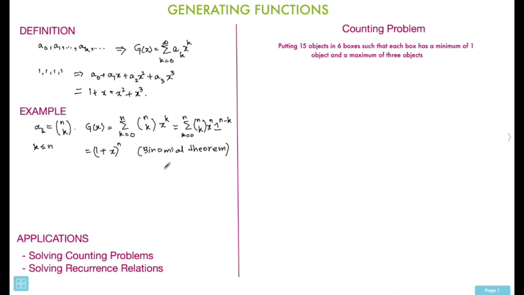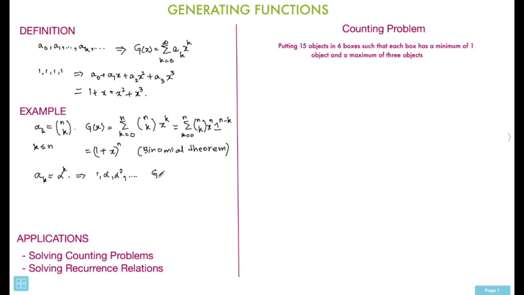Okay. Let's see another example. So another example is if we have ak equal to some alpha to the power of k, then this means our sequence goes like this: 1, alpha, alpha squared, and so on.